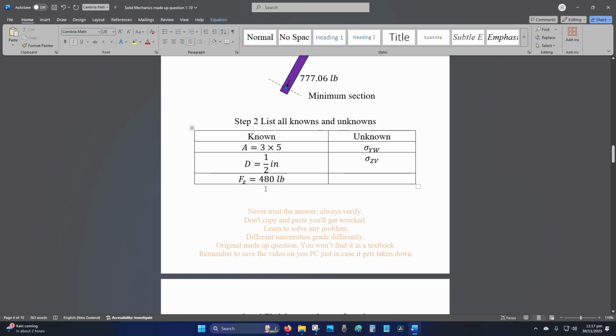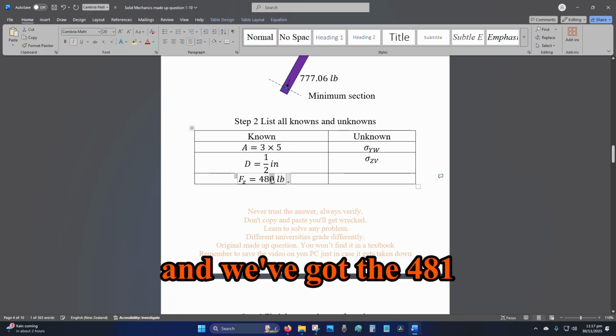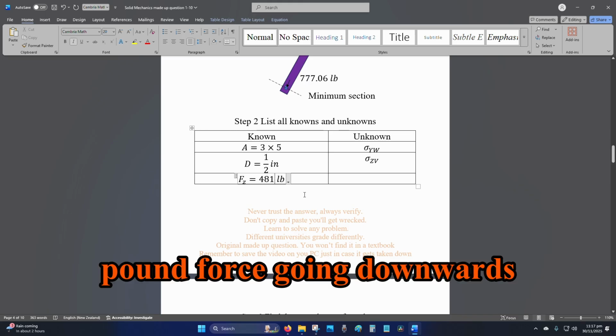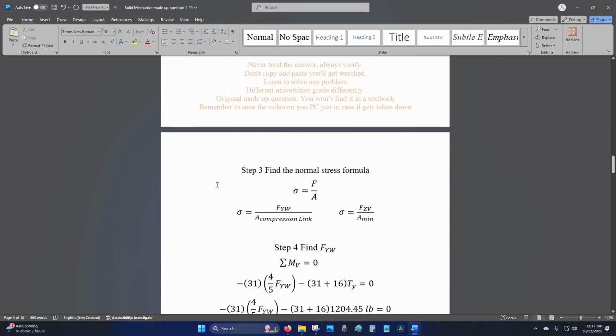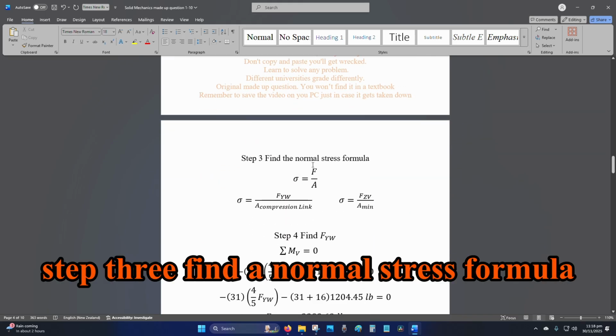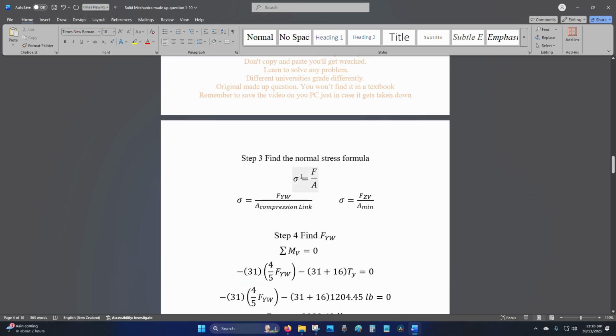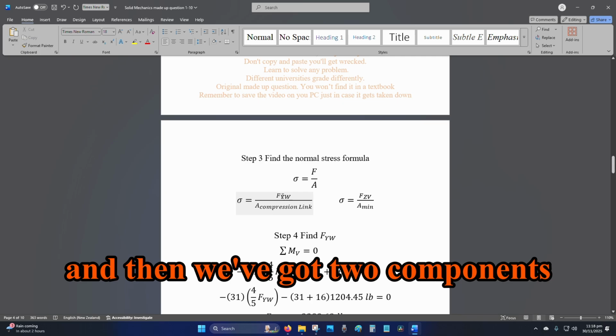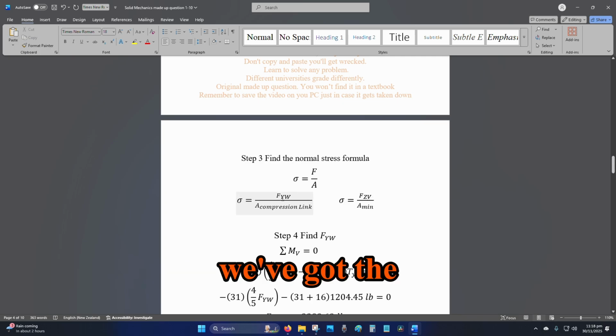We've got our diameter, and we've got the 481 pound force going downwards. Alright, step 3, find the normal stress formula. Force over area, and then we've got two components. We've got the YW and then the ZV.